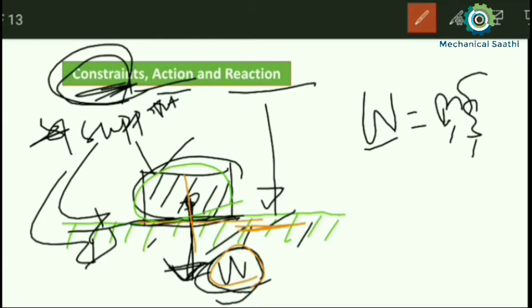So the same amount of force will be given to this body again, and that force will be considered as the reaction. So another upward force will be generated over here, which is known as your reaction. I am representing it as R over here, so R will be called the reaction force.